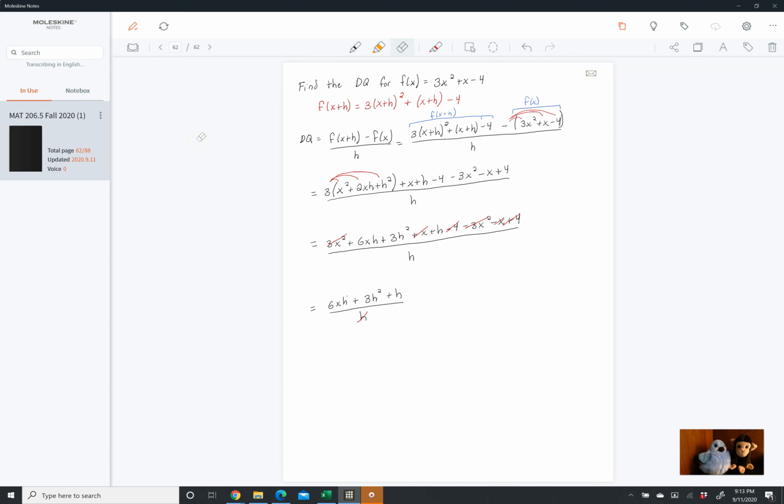So that h goes away, this h goes away, one of those goes away, and then this h goes away. And this one, be careful, it goes away, but it's replaced with a 1. Okay? That's because h divided by h is 1. So what's our final difference quotient here? 6x plus 3h plus 1.